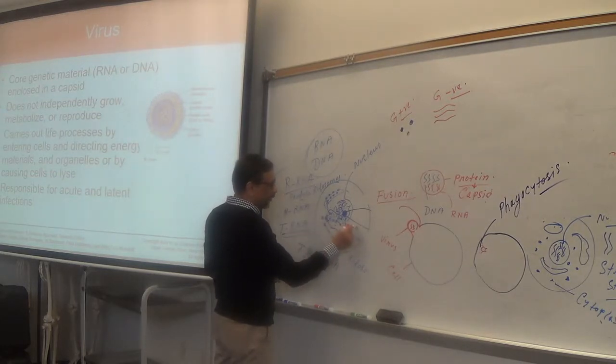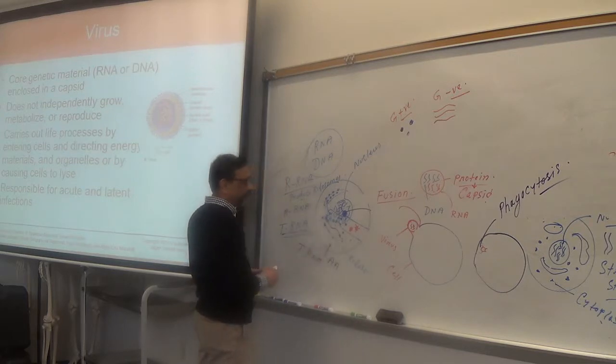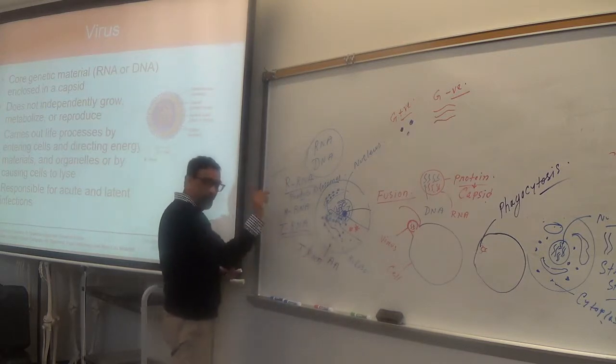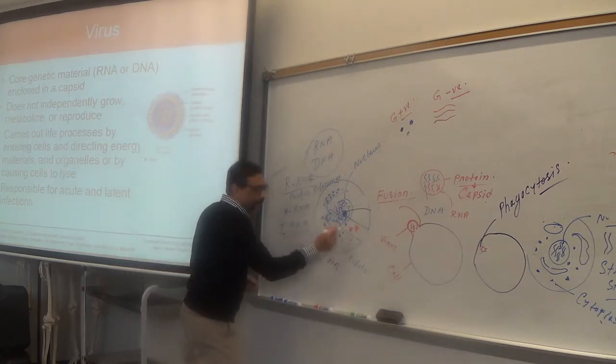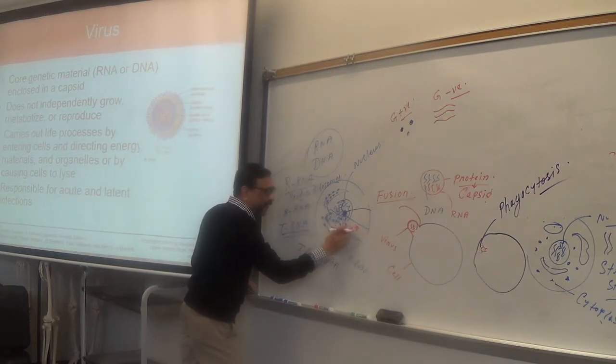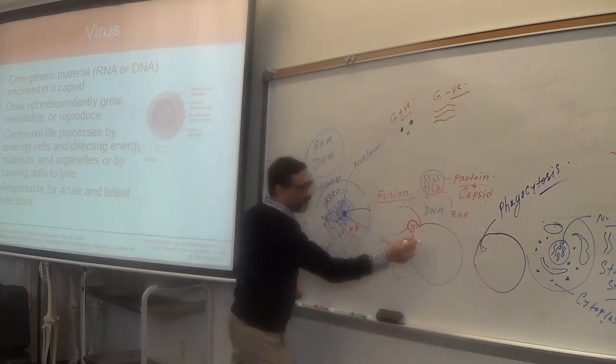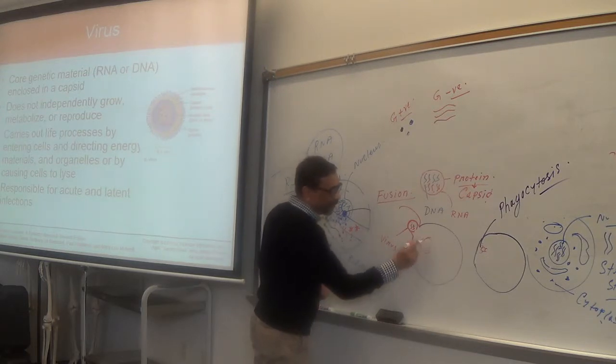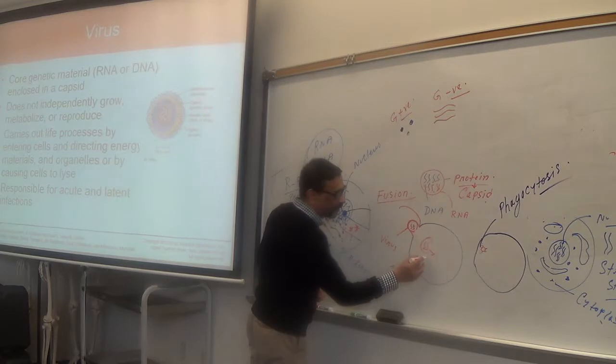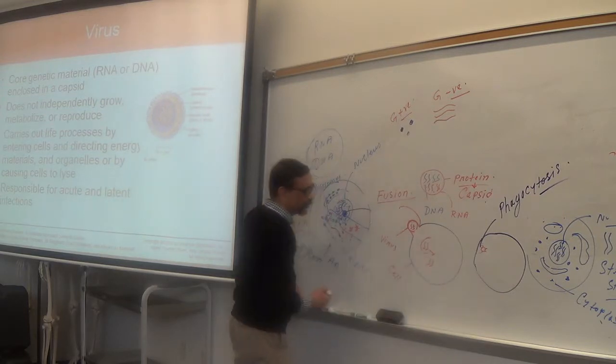So these are viruses and RNA or DNA inside them. What happens, you see here, these viruses will release their RNA or DNA into the cytoplasm. After they enter into the cell, they will release their RNA or DNA into the cytoplasm.